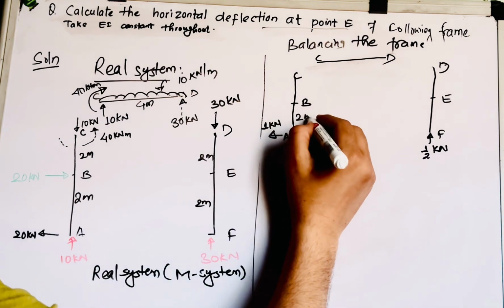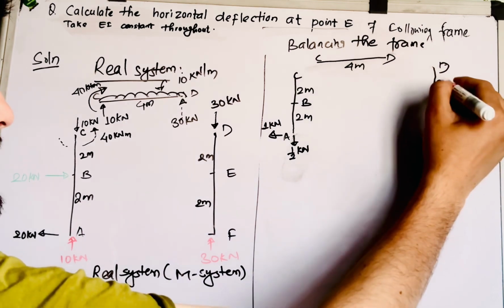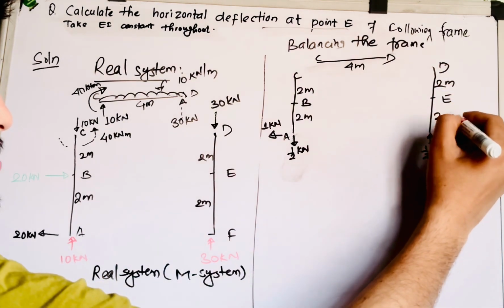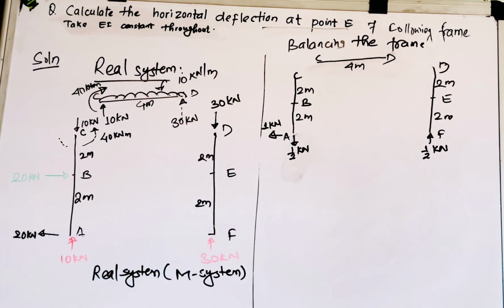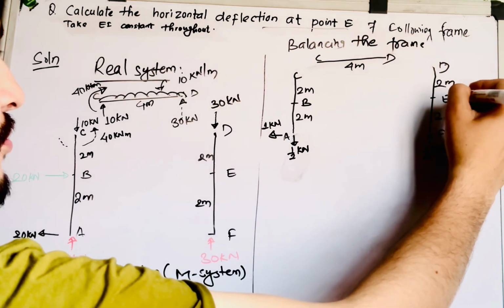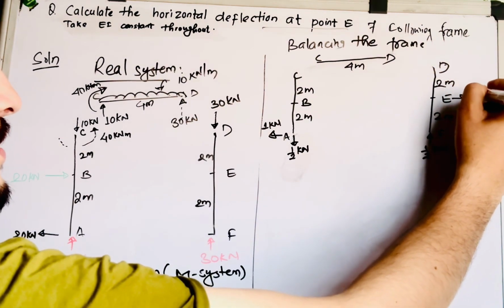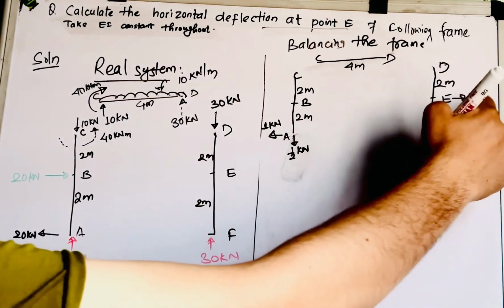So the distances are 2 meter, 2 meter, this is 4 meter, and this is 2 meter, again 2 meter. Your task is to balance this system. Now let us see how. At point E there is again 1 kilonewton, the horizontal reaction force at point E that you have assumed.